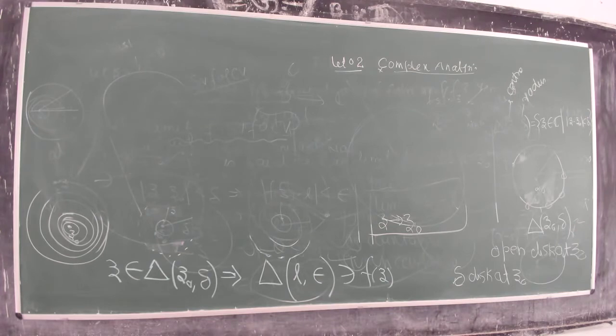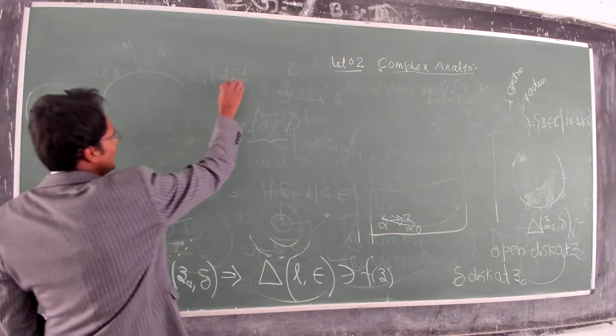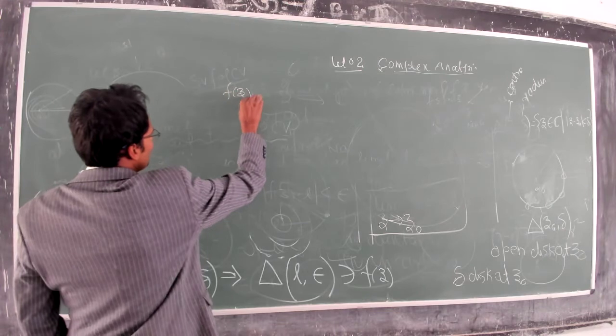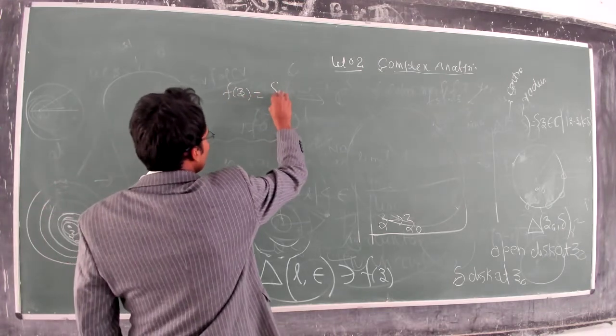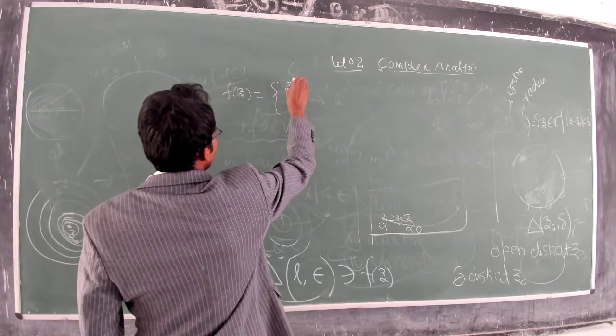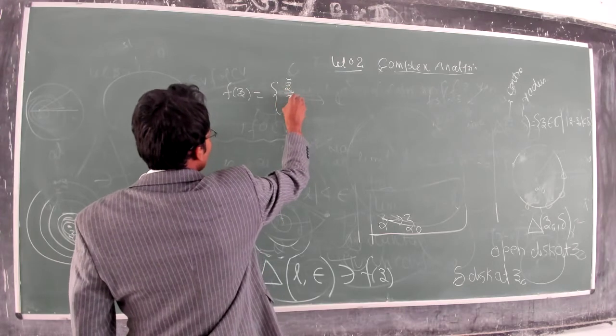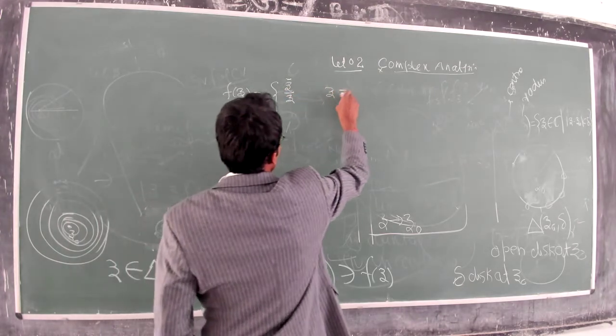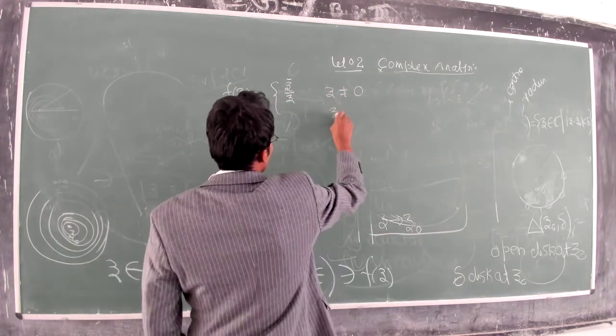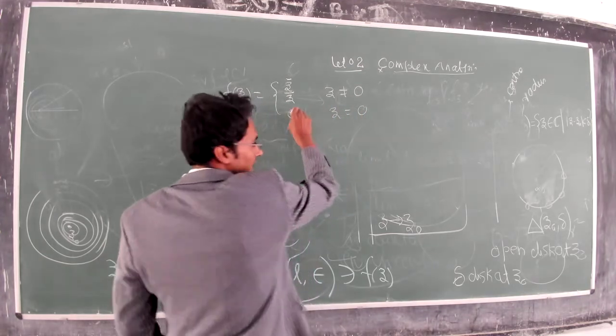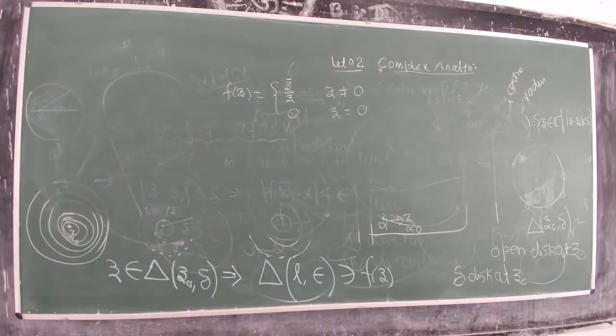So let us see one question. F of g is equal to g bar over g when g is non-zero, right?